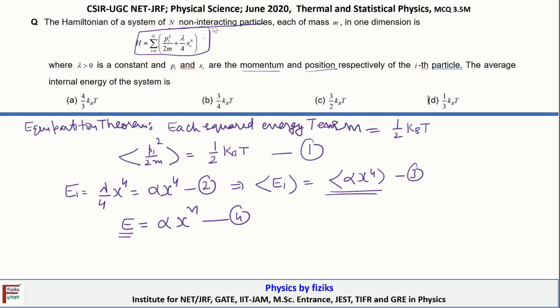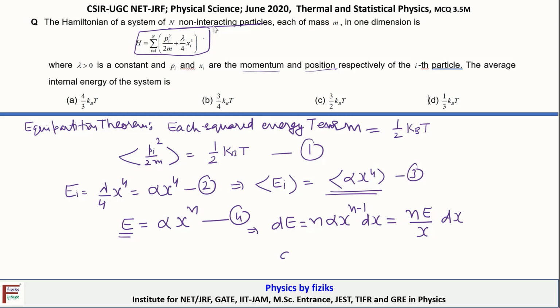From equation 4, I can rewrite dE equal to n alpha x power n minus 1 dx, or after rearranging the terms, nE upon x dx. And from here we can write dx in terms of dE.